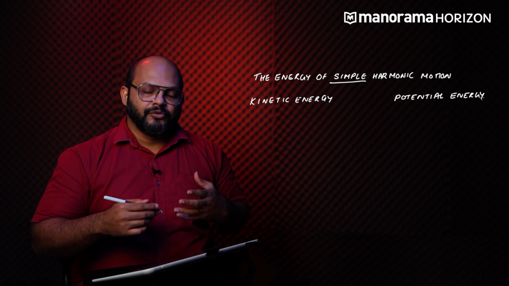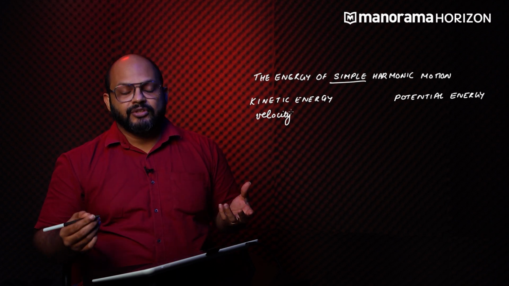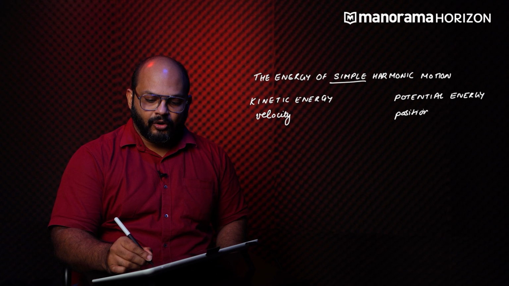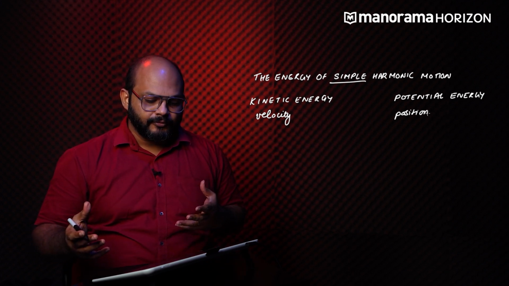Kinetic energy is associated with the velocity of the system, while the potential energy is associated with the position of the object which is undergoing simple harmonic motion.